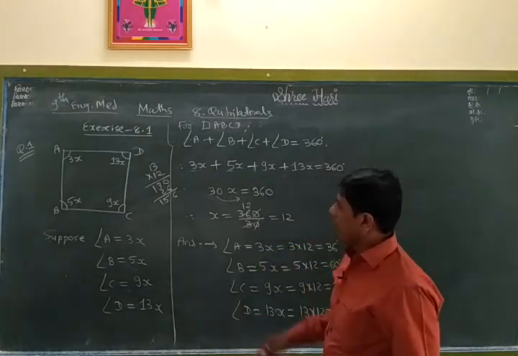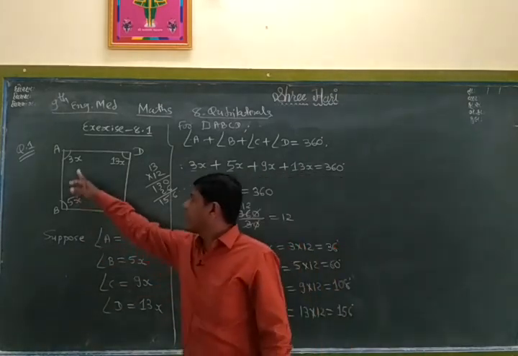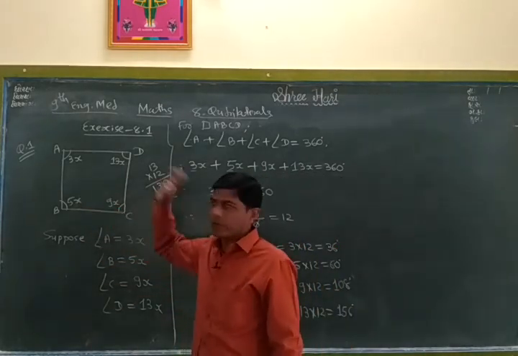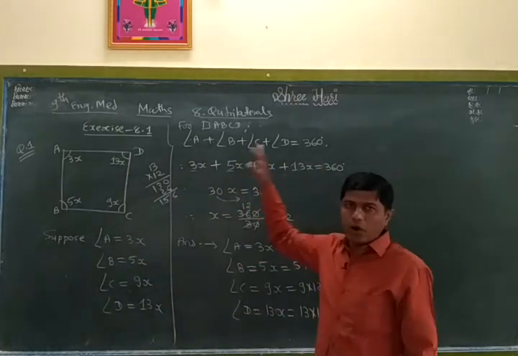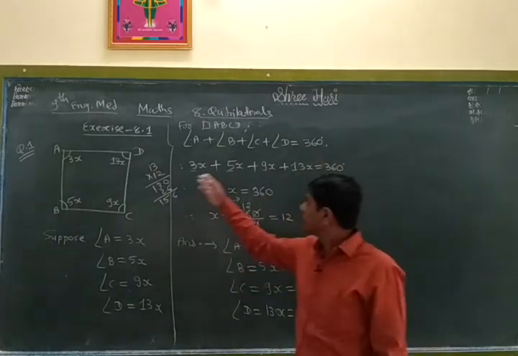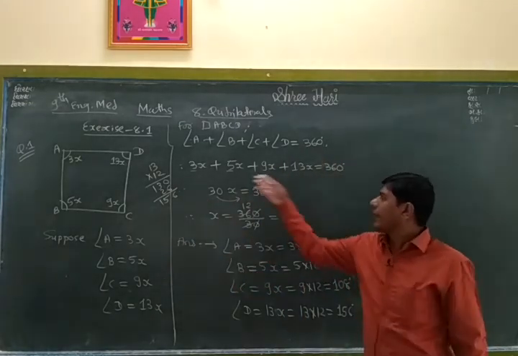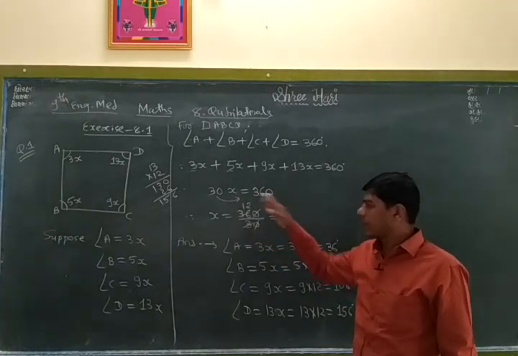First, if the ratio is given, suppose the angles are 3x, 5x, 9x, 13x. After that, we know that in a quadrilateral all four angles add up to 360. Now putting the value 360, all x addition is 30. 30 goes to this side, divide. Zero zero cut, 12, 3 twelves are 36.